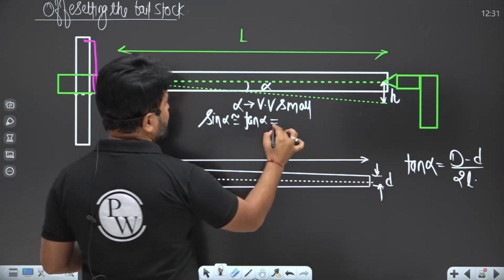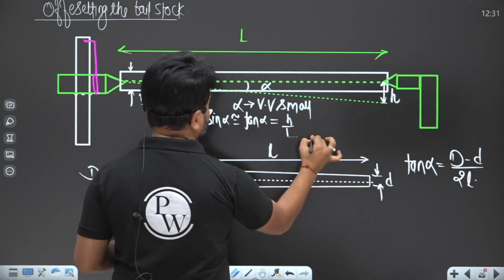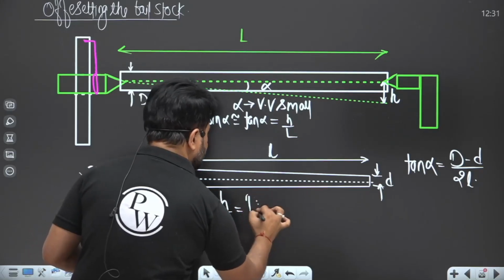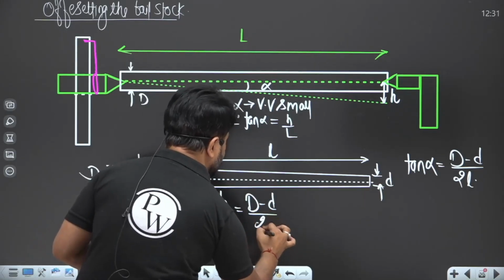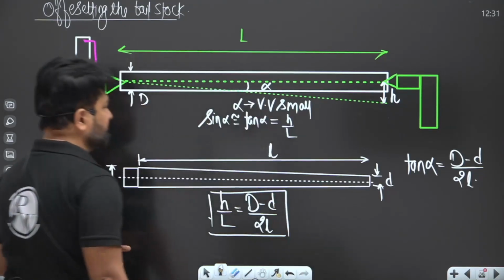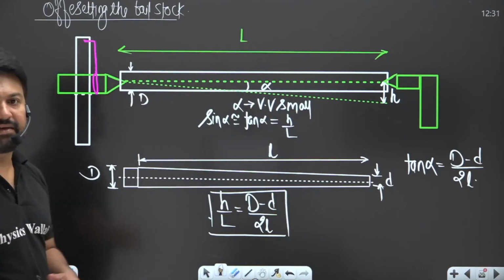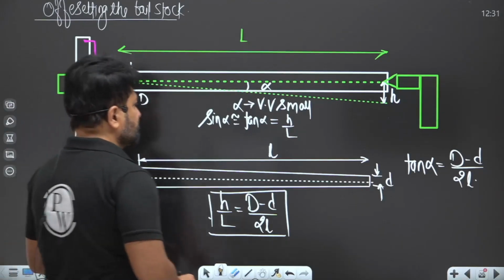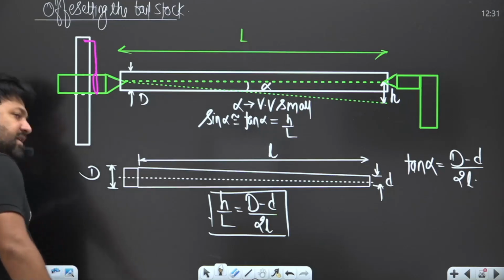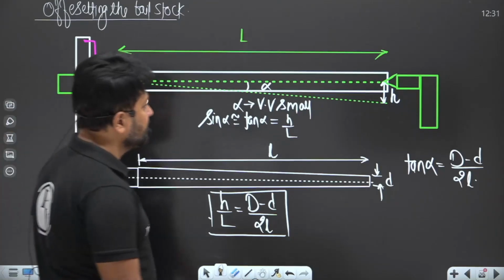So alpha is approximately h by L. So you can write that h by L equals capital D minus small d divided by 2l. This is the offsetting method. Alpha is the half cone angle. Again the concept is the same.